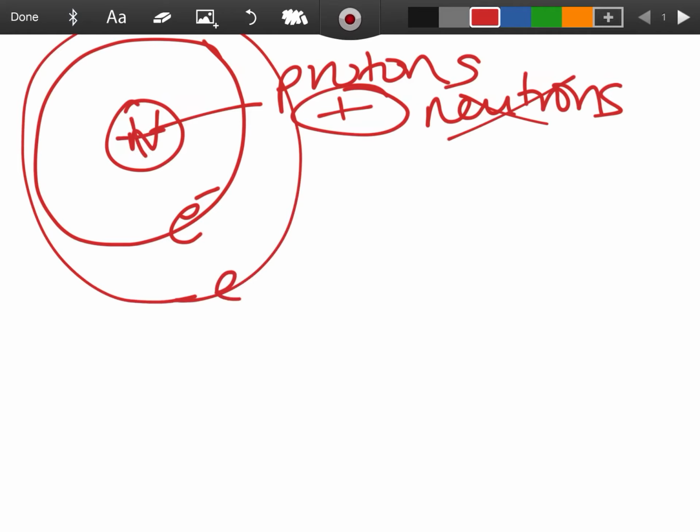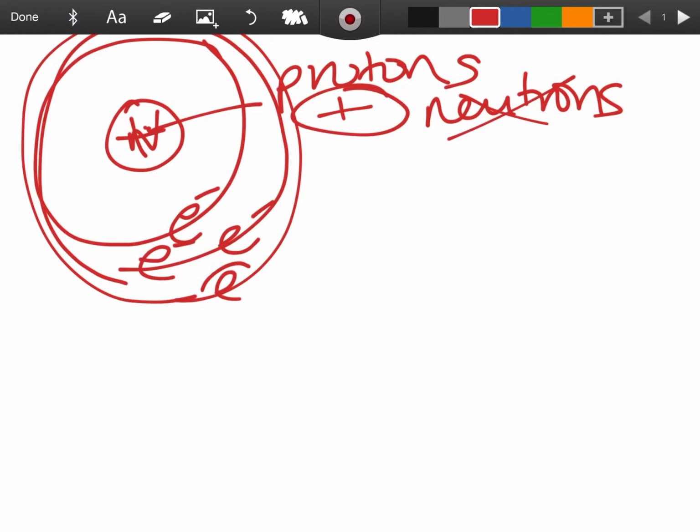Okay, so you have a positive charge in here. We know that the electrons are negatively charged, so there's a force of attraction there between the nucleus and the electrons. Now, if you've got lots of shells of electrons in between the nucleus and the outermost electron, then those electrons in the intervening shells are going to kind of block the force of attraction that the nucleus has for the outermost electron.